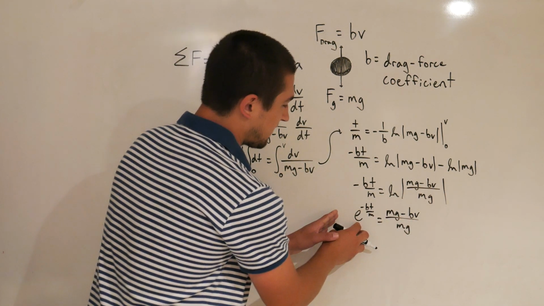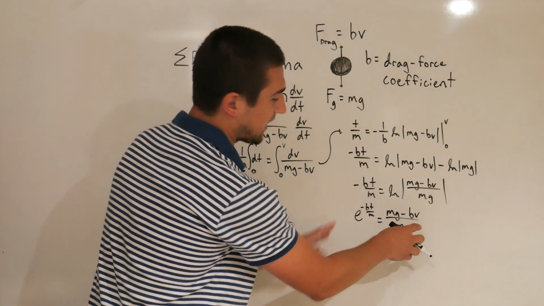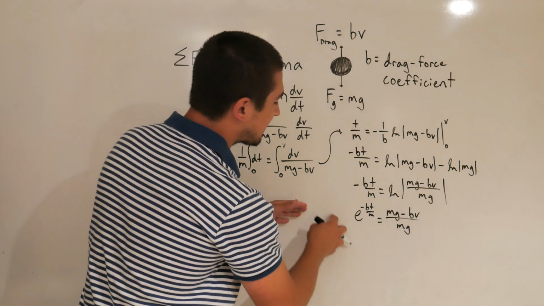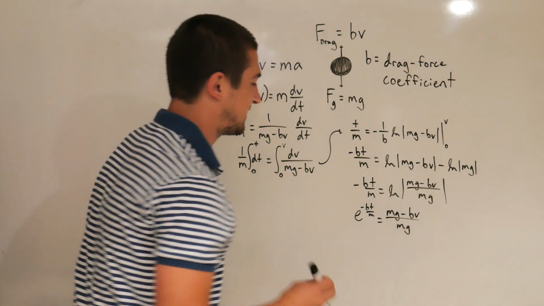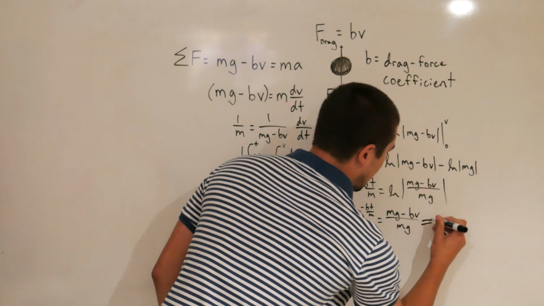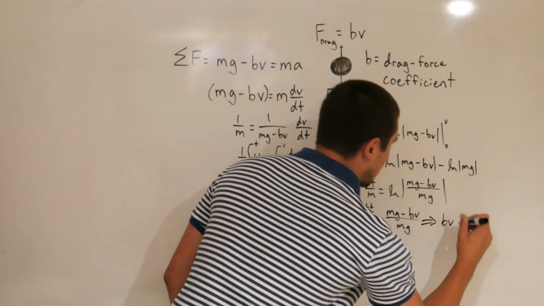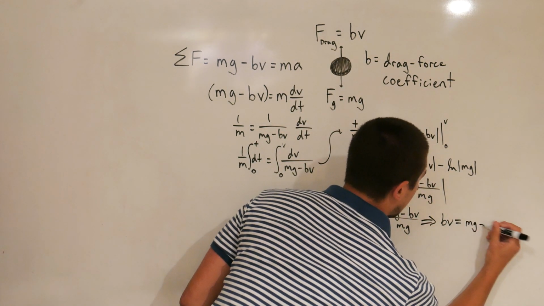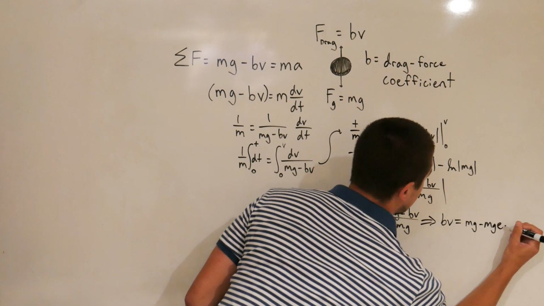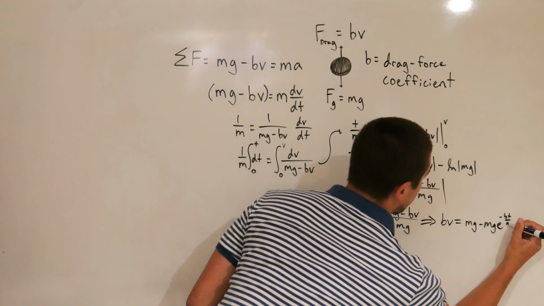So we'll have mg over here, and then is equal to mg minus bv. I'm going to subtract an mg over here, and we'll have a minus bv. And you can check my algebra on this, but we should end up with bv is equal to mg minus mg e to the minus bt over m.